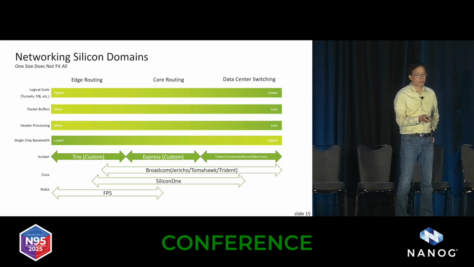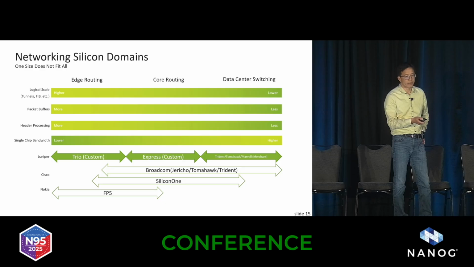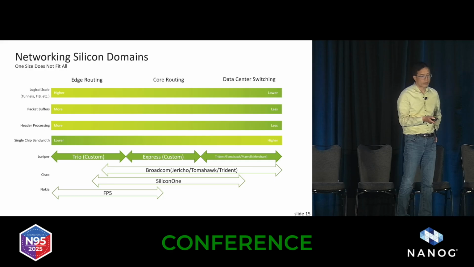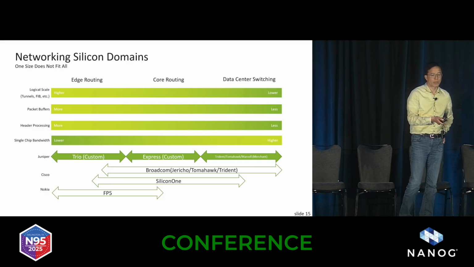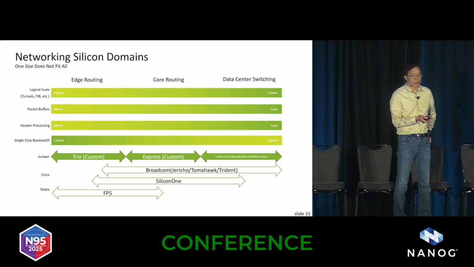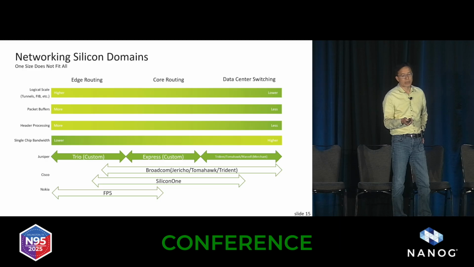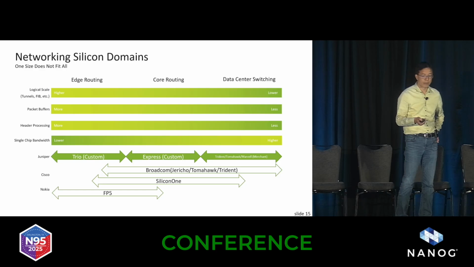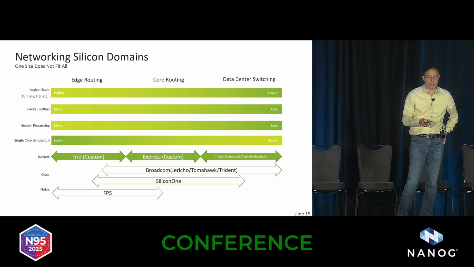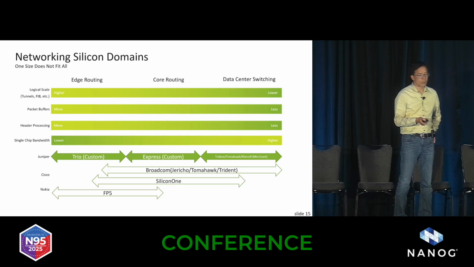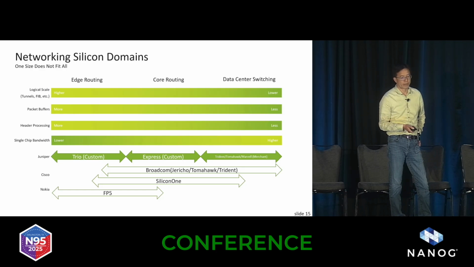You can see that edge routing usually requires higher, larger scale, requires more packet buffer, requires more header processing power, and usually single chip bandwidth is relatively lower. On the other end, data center switching, or maybe just enterprise switching, the scale will be lower, the packet buffer requirement is less, header processing is less, and single chip bandwidth is usually very high.